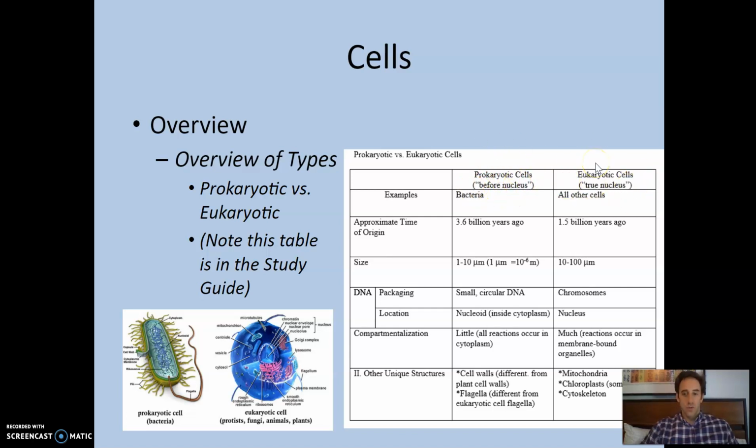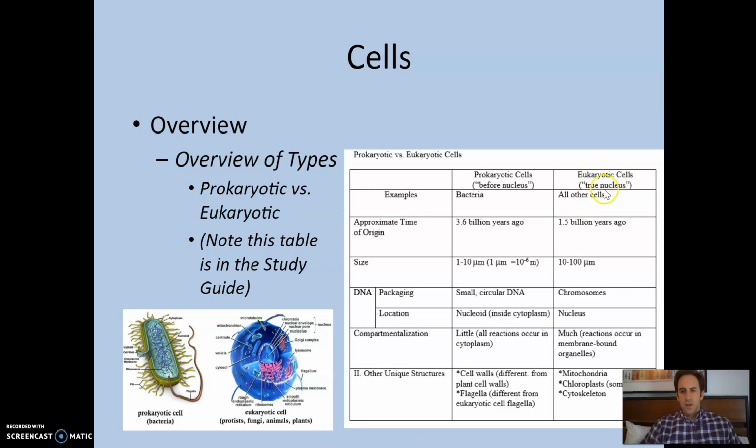Eukaryotic cells do have a nucleus, and we'll talk about what a nucleus is soon. Bacteria are prokaryotic. Everything else is a eukaryotic cell. Your cells are eukaryotic cells. Those single-celled critters, paramecium, euglena, and amoeba that we talked about, those are eukaryotic cells. Viruses, by the way, remember, are not either of these two categories.